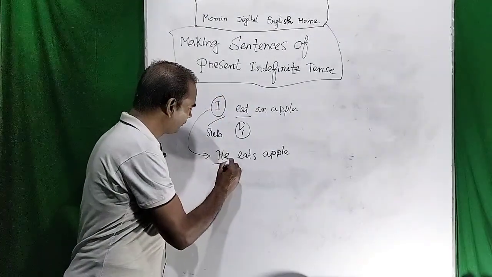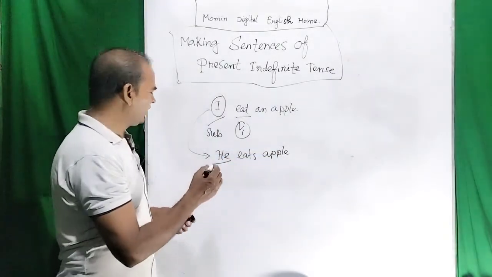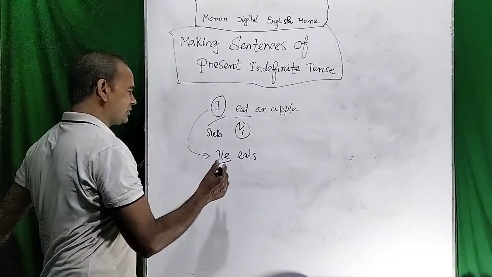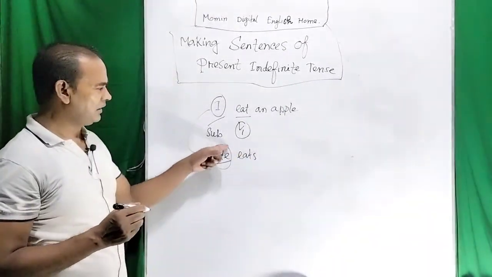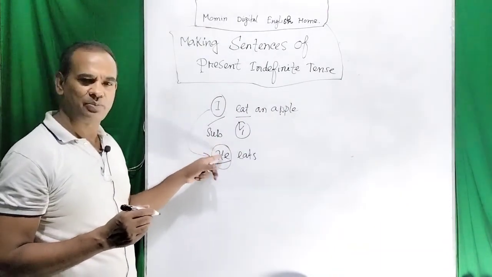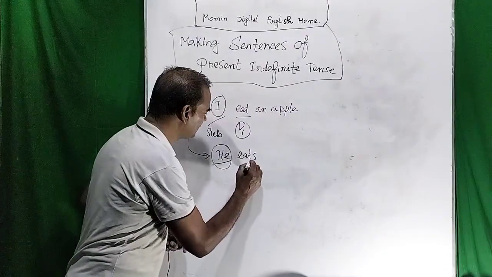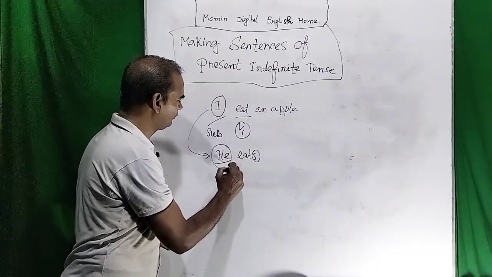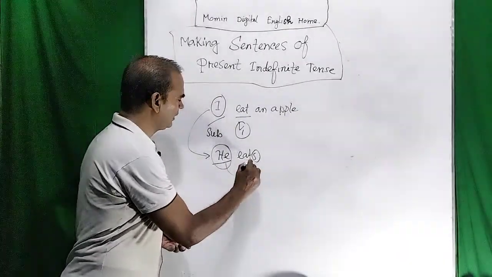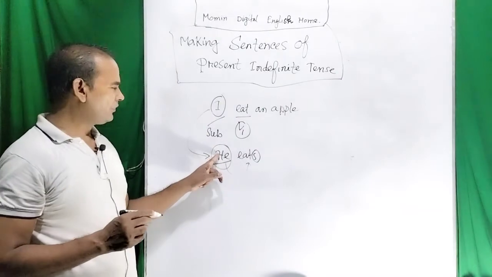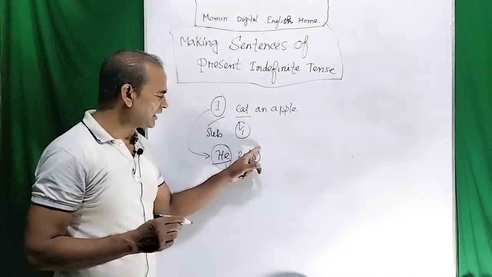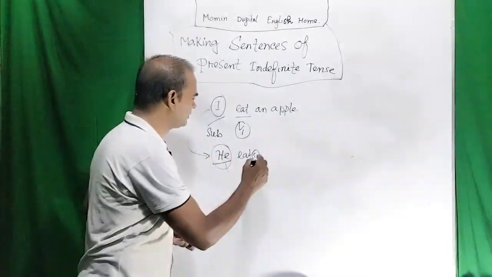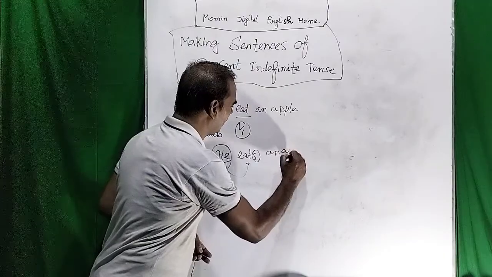And when you say he eats an apple, this is third person singular. This he is the third person singular. So the verb one has taken s with it because of this he. So he makes this verb take s or es with it because this is third person singular. He eats an apple.